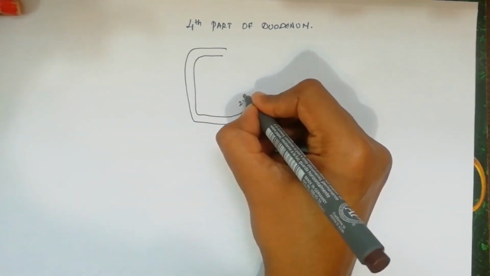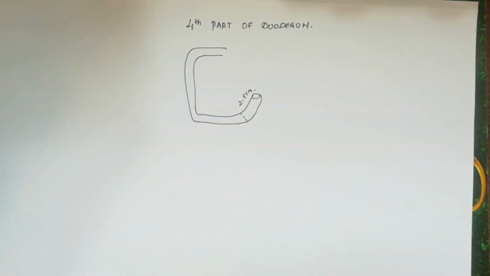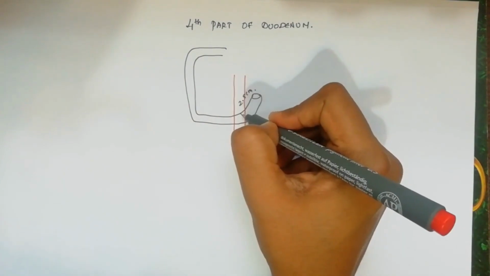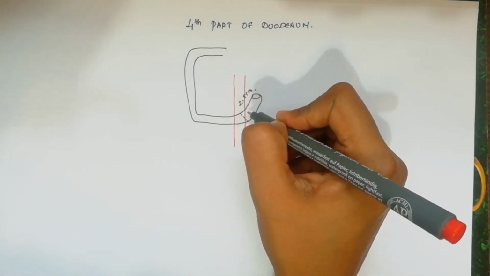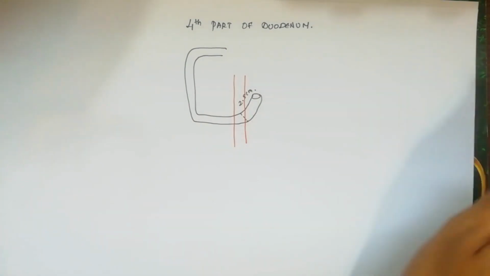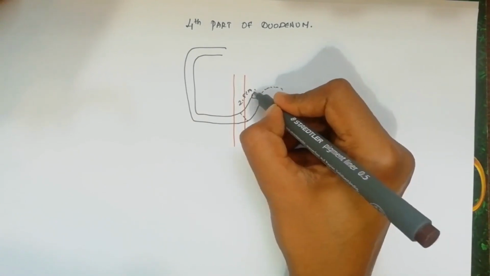This whole thing is fourth part, which is about 2.5 centimeter in length, which is extending from aorta. We have got aorta over here, which is a point where it is going to extend, and it is going to extend upwards and towards the left side, and it is going to continue as jejunum.